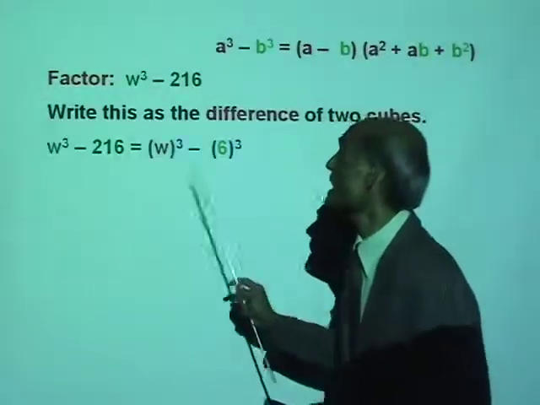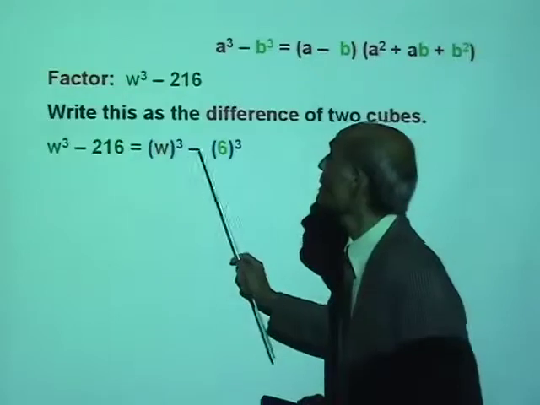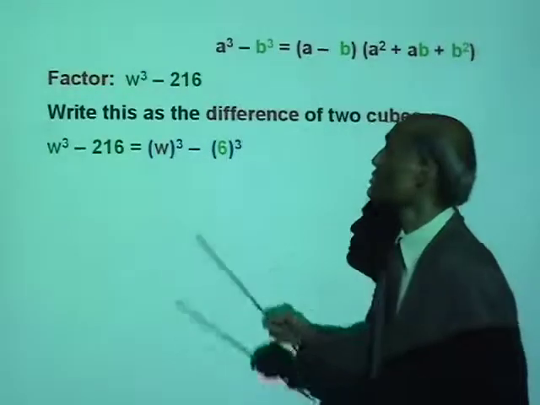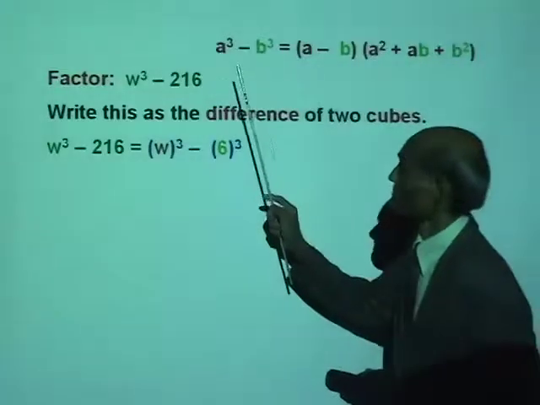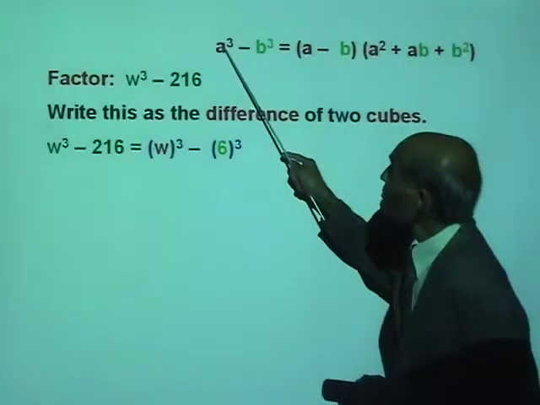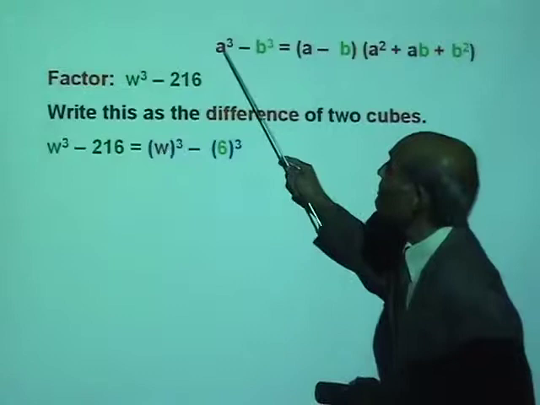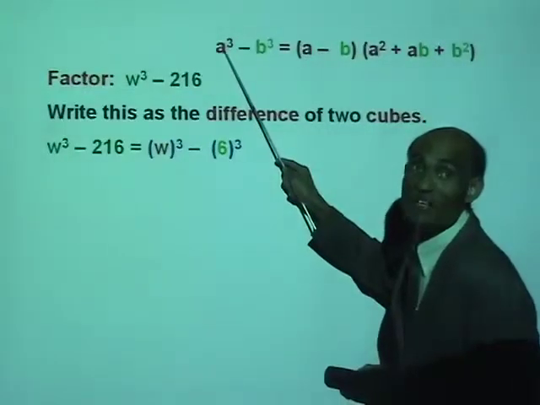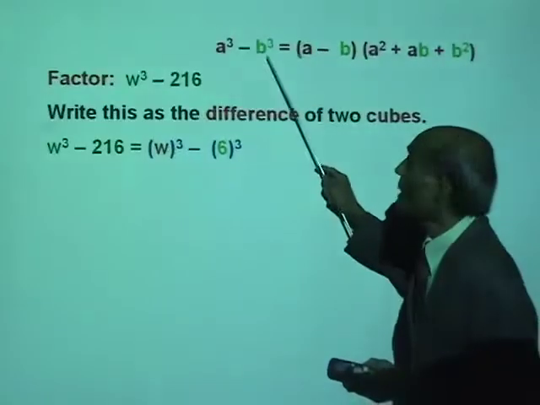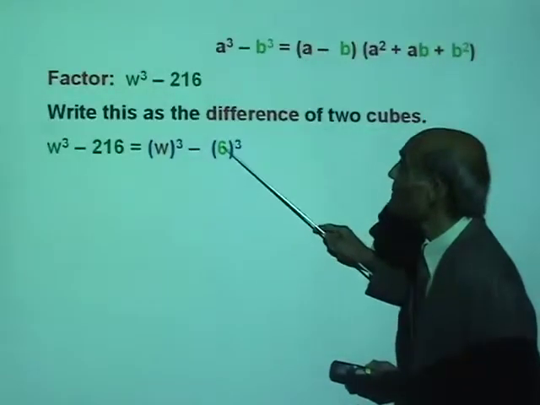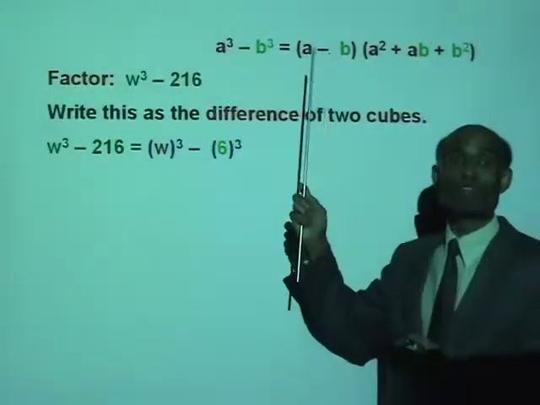So we will write this as w cube minus 6 cube, which means in place of your a you have w. So this a can be replaced by this w, and the b can be replaced by 6. That's all you need to do.